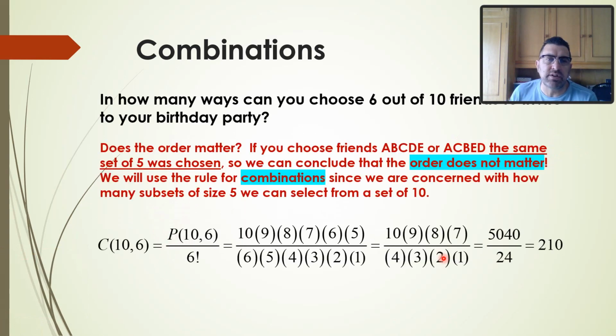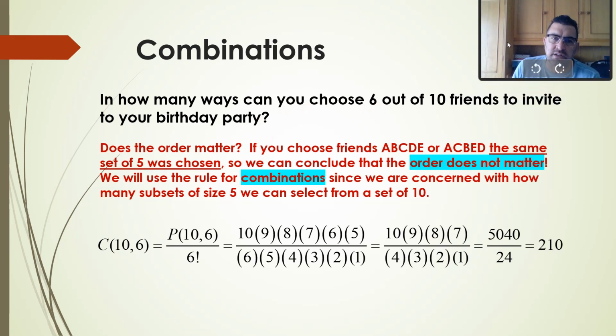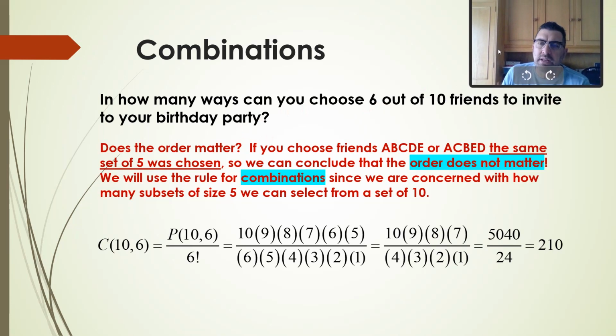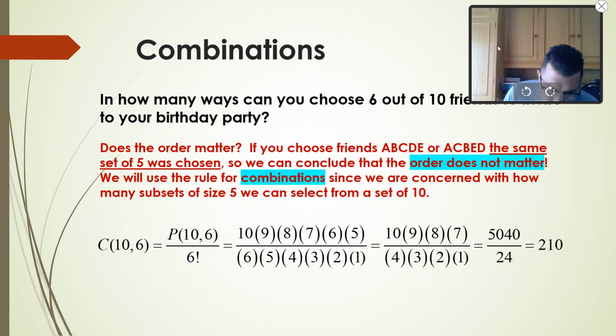Okay, so let's have a look. In how many ways can you choose 6 out of 10 friends to invite to your birthday party? Well, here, folks, why is it a combination? Because order does not matter. The order in which you choose here does not matter. Okay, then it's a combination. So it's 10 choose 6.